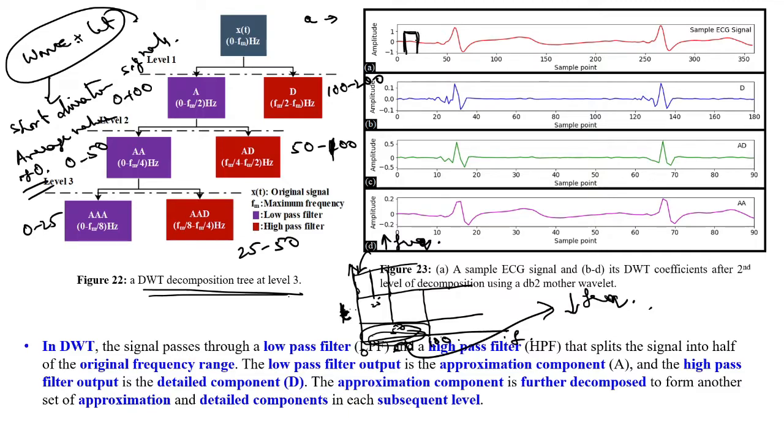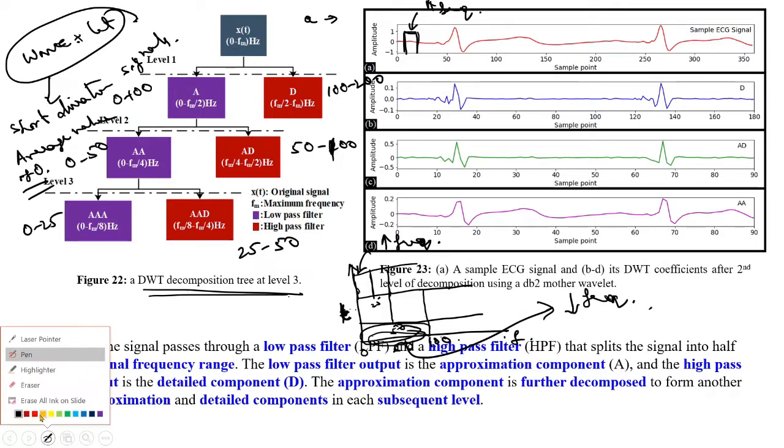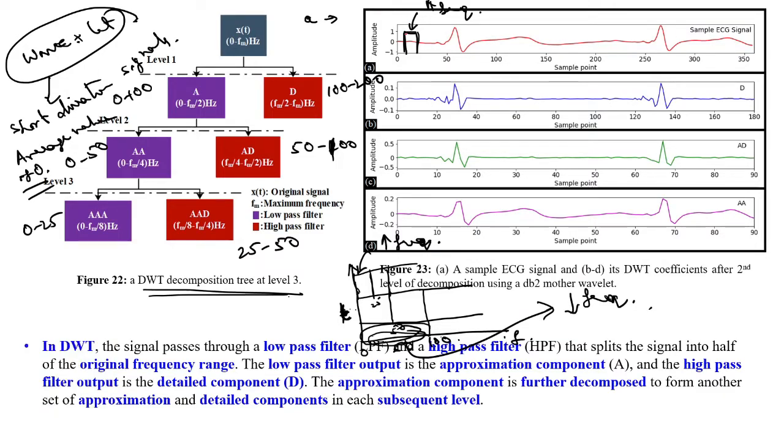So this will be accommodating, as I told you, high frequency. Now if I scale it up to double, it will be able to analyze frequency components which are of lower frequency.